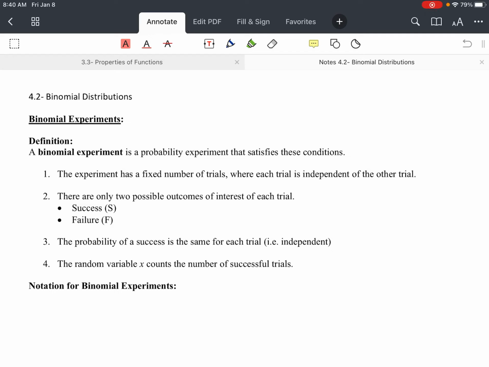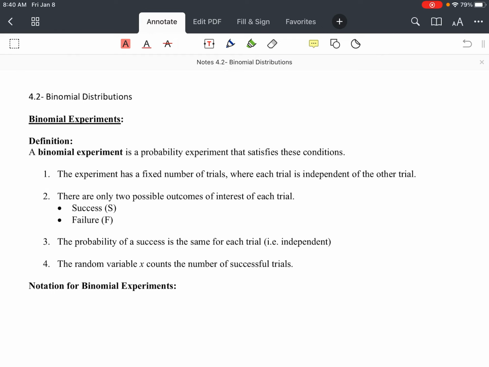All right, so in this section, we're going to be talking about binomial distributions. Before we get into the definition of a binomial experiment, I want to talk to you guys about what a binomial experiment is. To be a binomial experiment, it just means that you're going to have two possible outcomes. An example of this is if a basketball player were up at the free throw line and they were to toss the basketball, either he makes it or he does not.